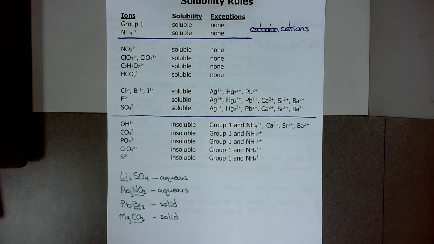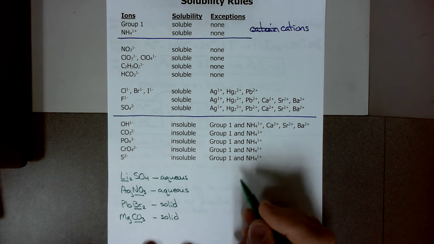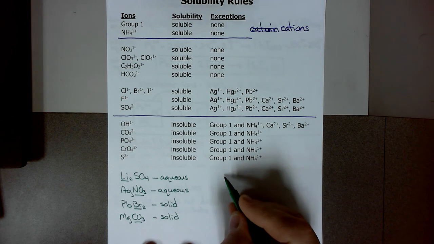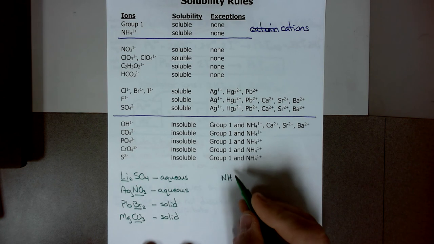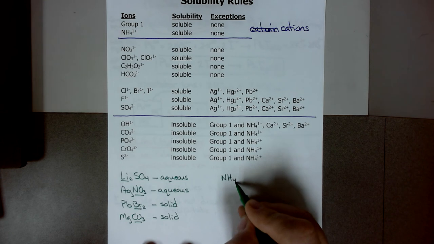So you have to decide looking at either the cation or the anion. So if you have a cation, like let's say we have ammonium phosphate.